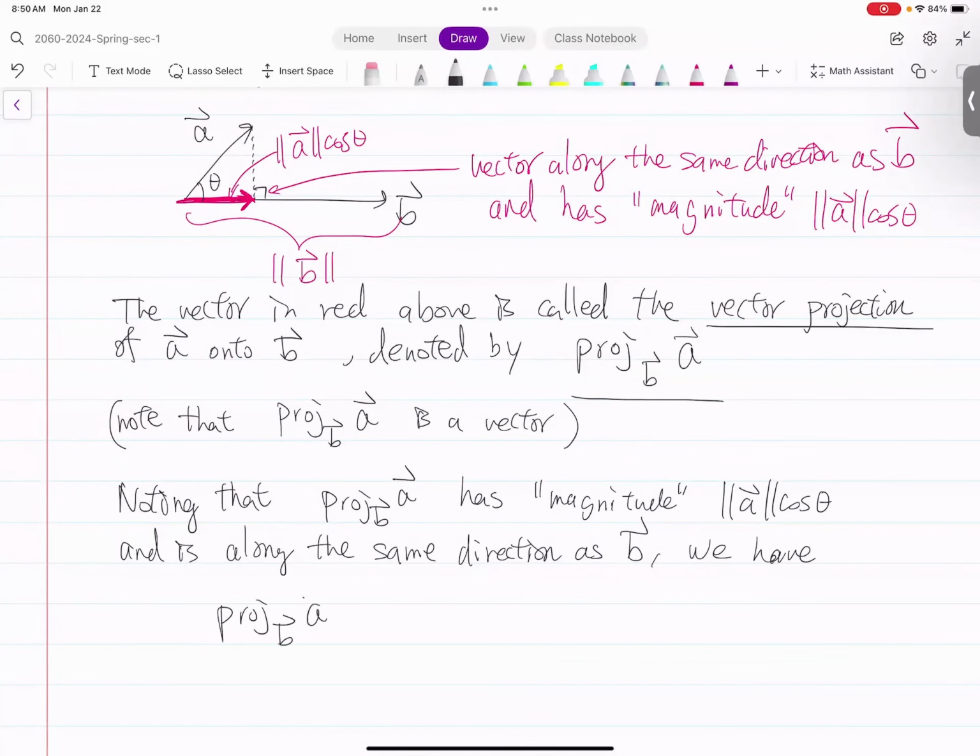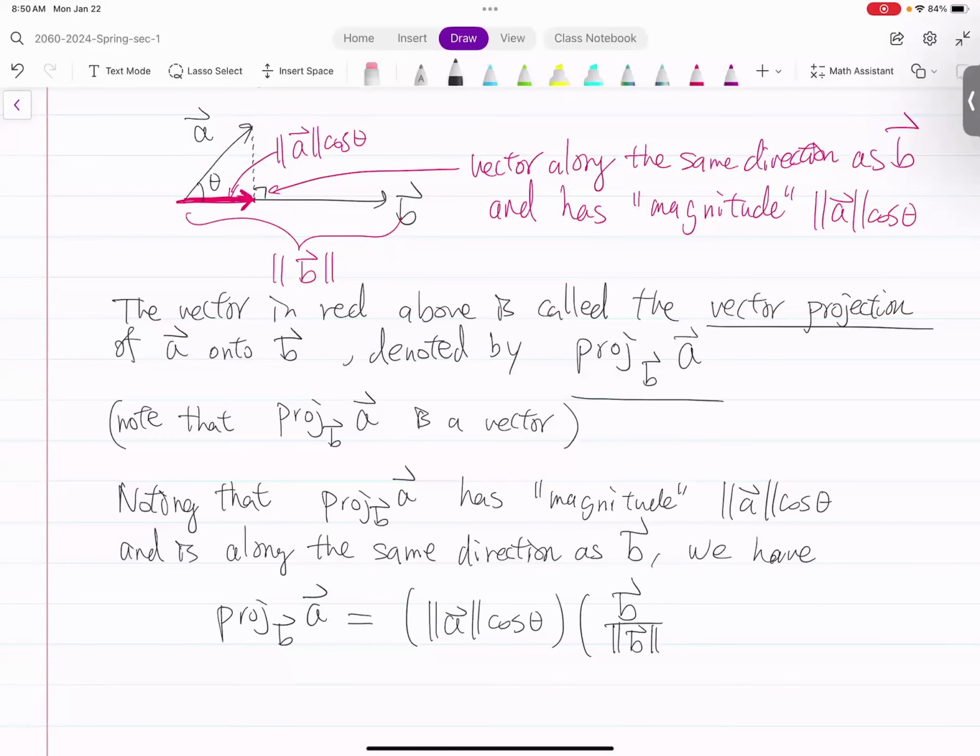So basically, the projection of vector A onto B is going to be the magnitude part multiplied by the direction part. And the direction is what? It's a unit vector along B, right?